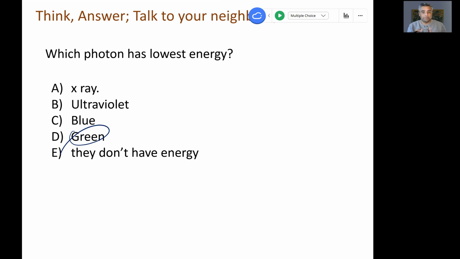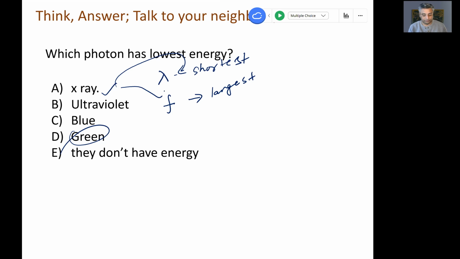Among these, X-ray has the shortest wavelength but the largest frequency. So this has the shortest among these, and it has the largest frequency. So they are inversely related.